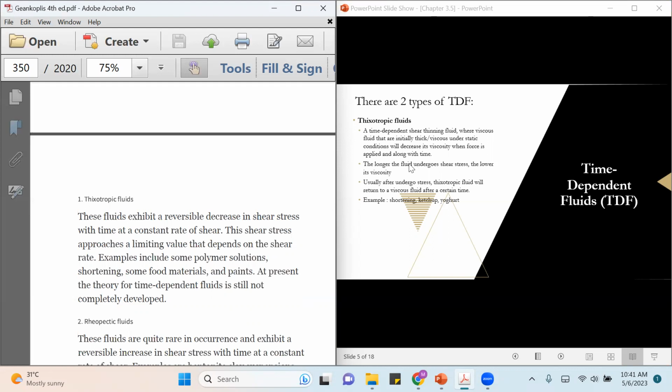The longer the fluid undergoes shear stress, the lower the viscosity. However, after it undergoes stress and then you keep it, the thixotropic fluid will return back to a viscous fluid after a certain time. Examples: shortening, ketchup, or yogurt.